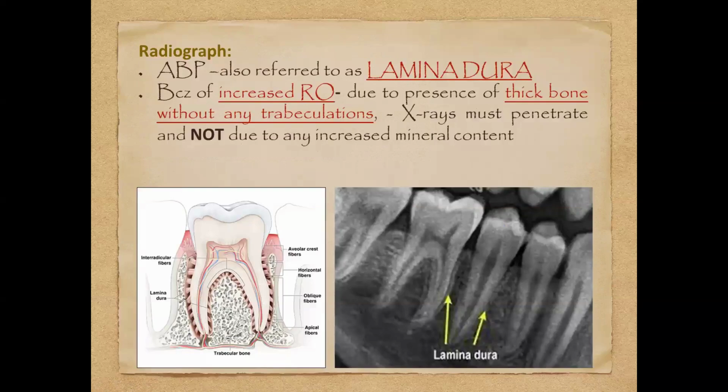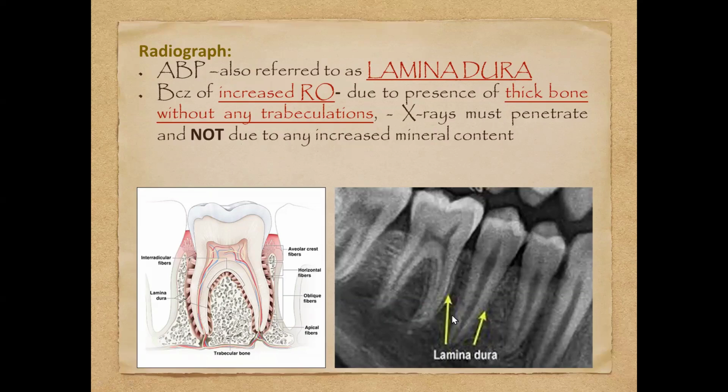Radiographically, the alveolar bone proper, particularly the bundle bone, is referred to as the lamina dura. In the radiograph, you can see the increased radio opacity, which is seen as a white line. It is seen as an increased radio opacity when compared to the other structures.